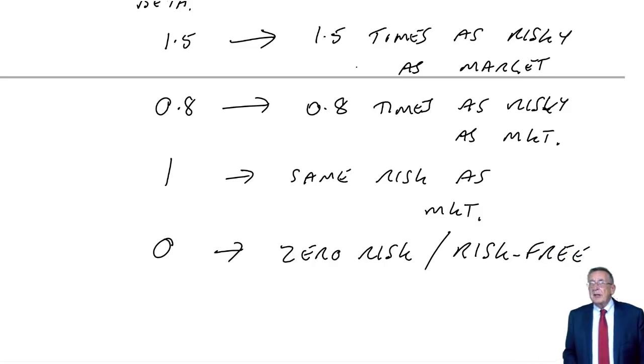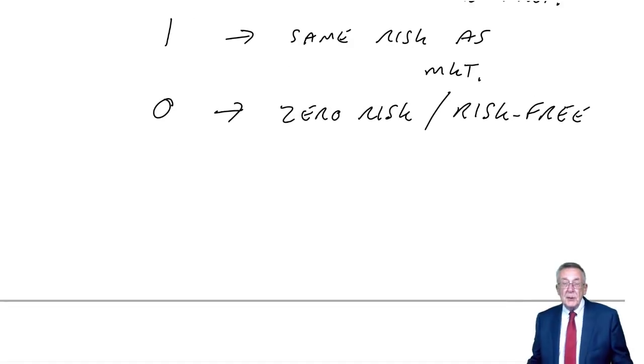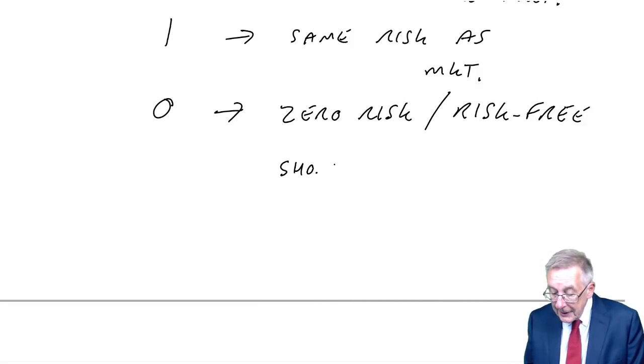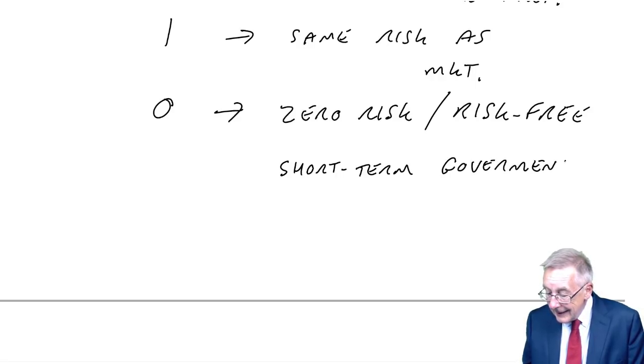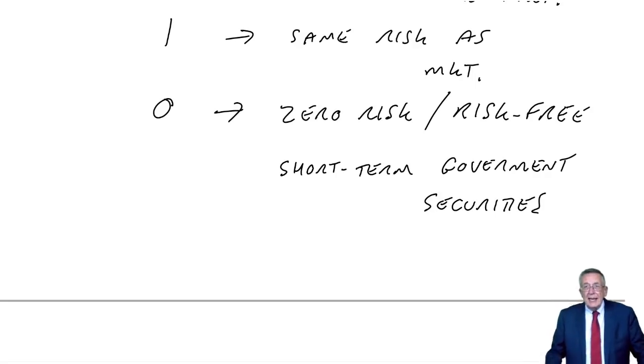Now, in real life, there are no investments which are completely risk-free. The nearest we've got to it, and what would be used in the exam as an example, are short-term government securities. Government borrowing, you can lend money to the government, buying government securities.